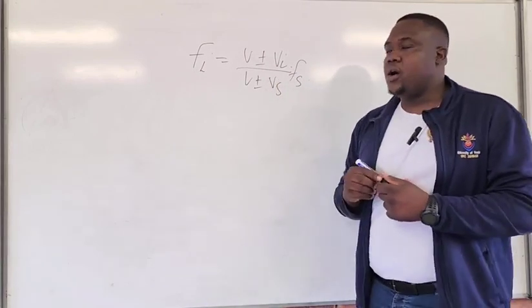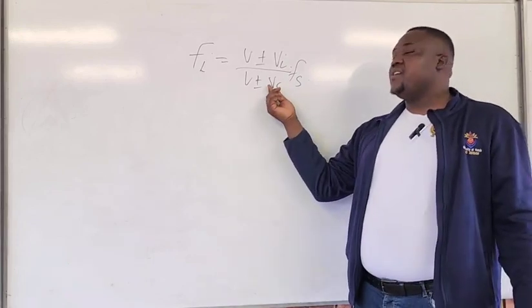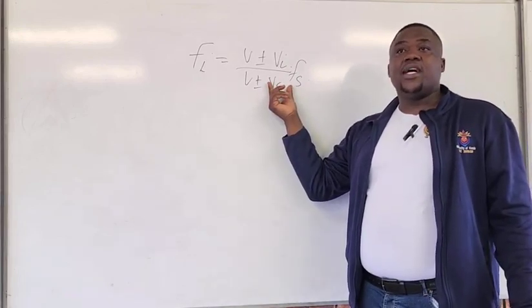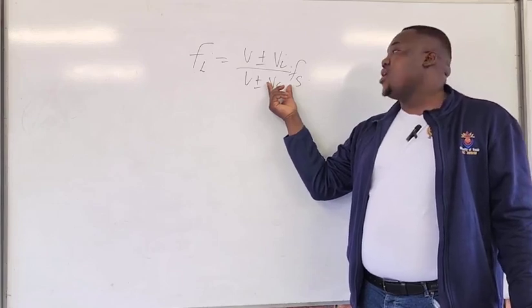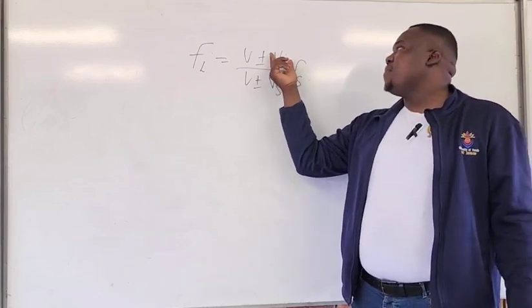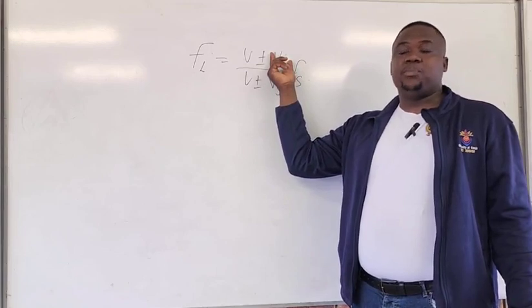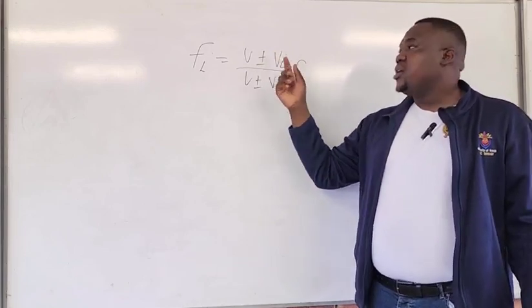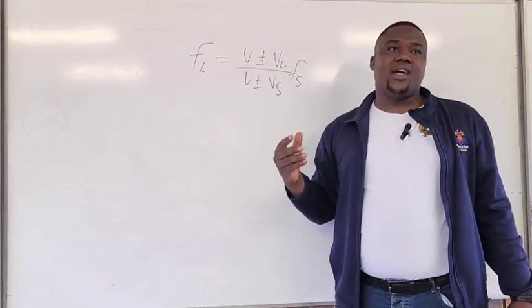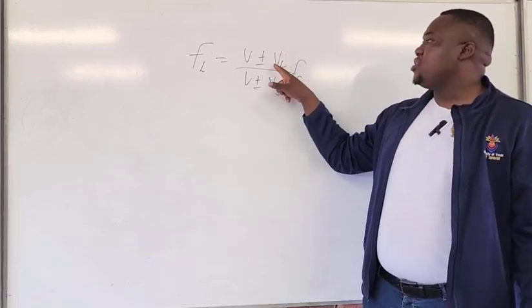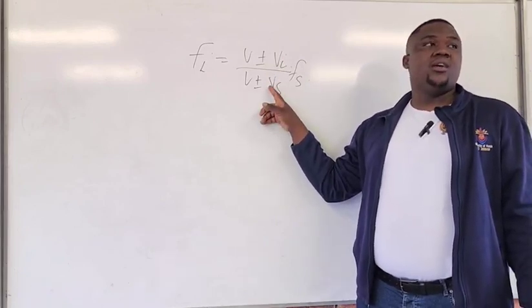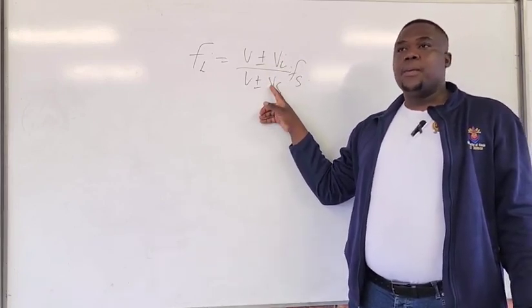This Vs is the velocity of the source, the speed of that which produces the sound. Then this is the velocity of the listener, the speed of that which hears or perceives the sound. Remember, if they say that the listener is stationary, it means the velocity of the listener is 0. If they say the source is stationary, it means the velocity of the source is 0.